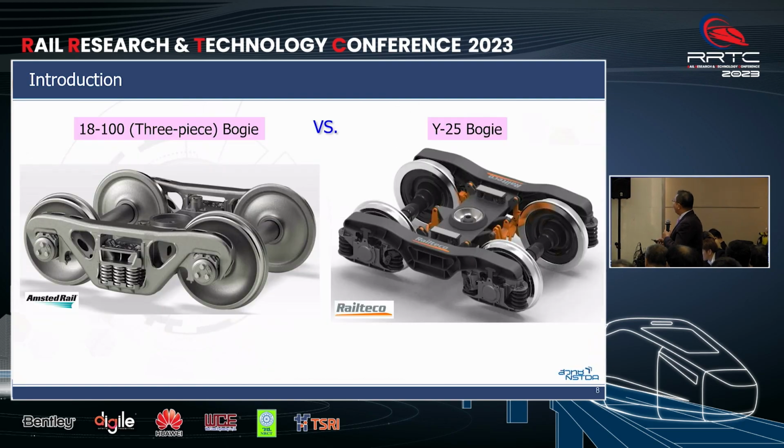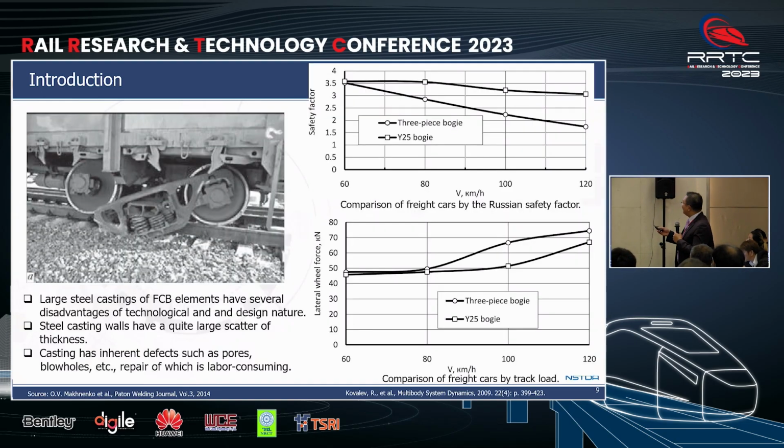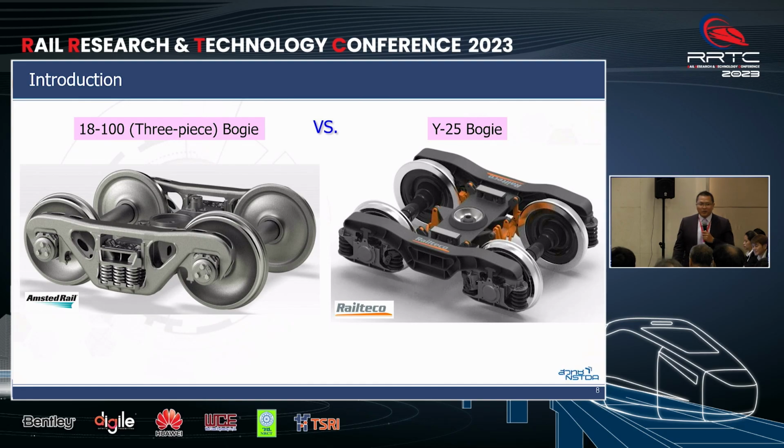Another thing I would like to mention here: what bogie should we go with for the freight wagon? We should go with a conventional one. In Thailand, mostly we use a 3-piece bogie. But in the opinion of our research team, we think the Y25 bogie might be more interesting than the 3-piece bogie.